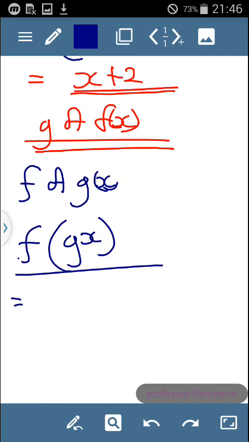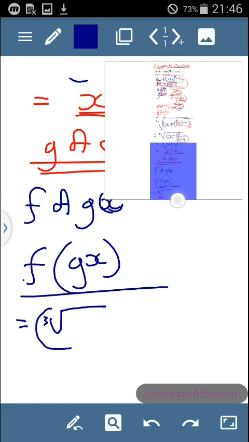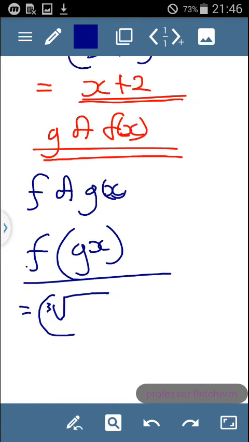We know it's (x plus 2) cubed, but instead of writing x plus 2 cubed, we substitute for our x with the cube root of x minus 3. So this is the value of the x in the f of x.